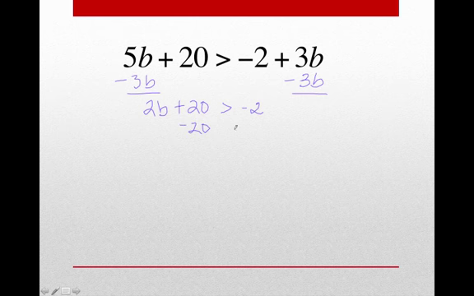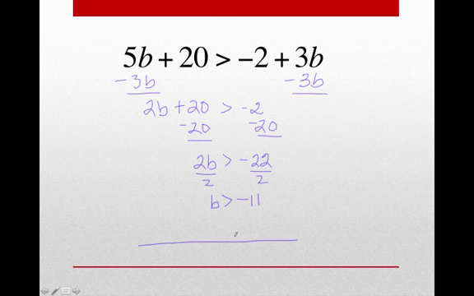I can go ahead and subtract my 20 from both sides so that I have 2b is greater than negative 22. Dividing by 2 on both sides. Now I've got a negative over here, but I'm dividing by a positive number, so my inequality will not flip. B is still greater than, and it is greater than negative 11.